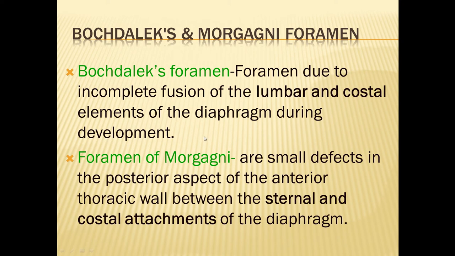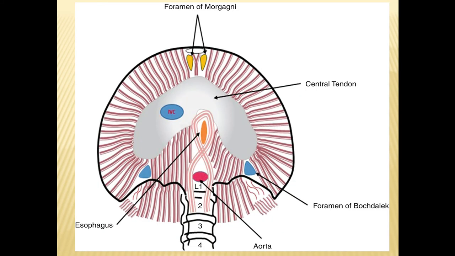Morgagni is anterior, that is in the posterior aspect of the anterior thoracic wall, that is between the sternal and the costal attachments of the diaphragm. While Bochdalek is incomplete fusion of the lumbar and costal elements. Let's see the diagram, it will be more clear to you. Yes.